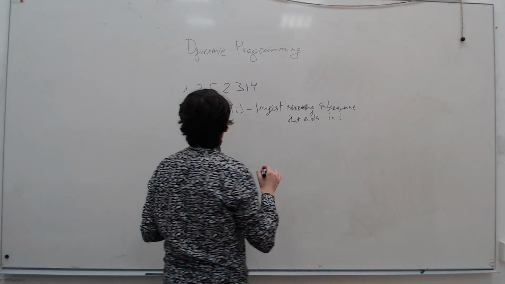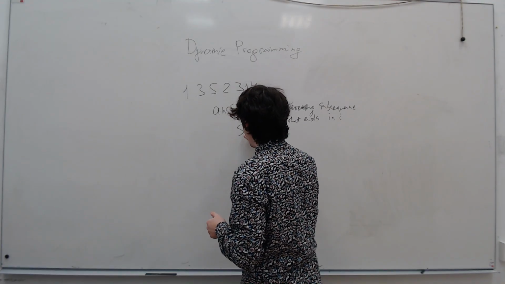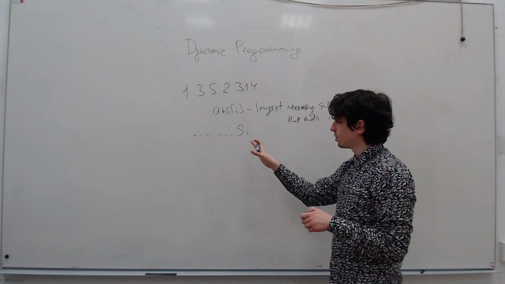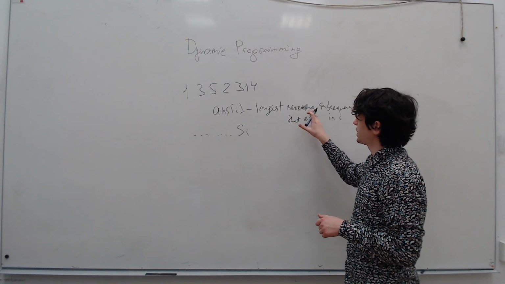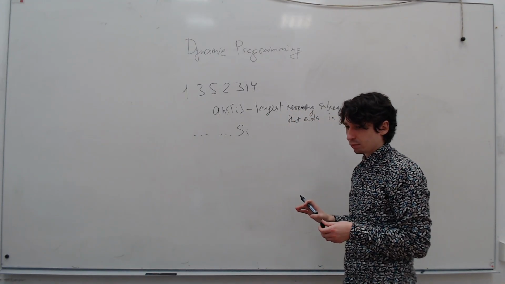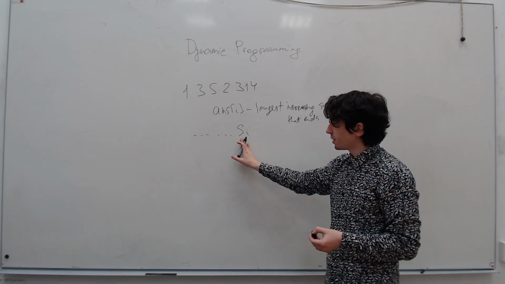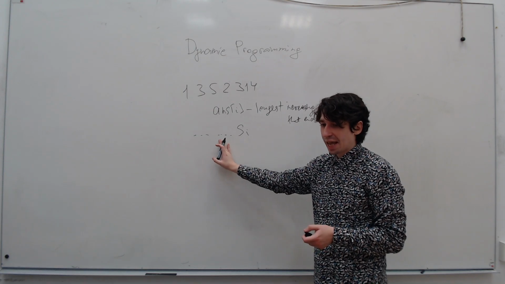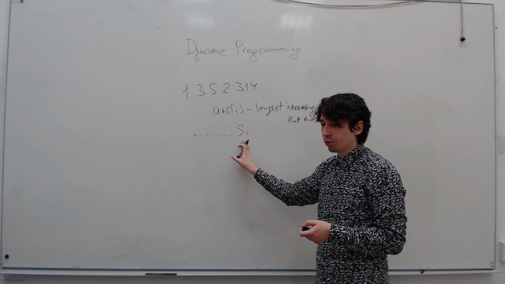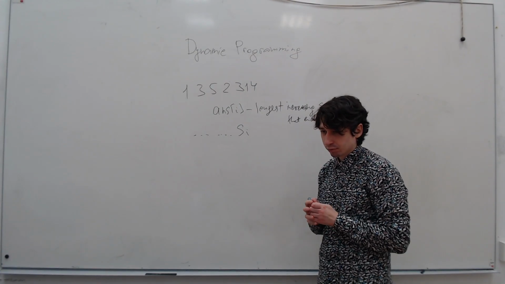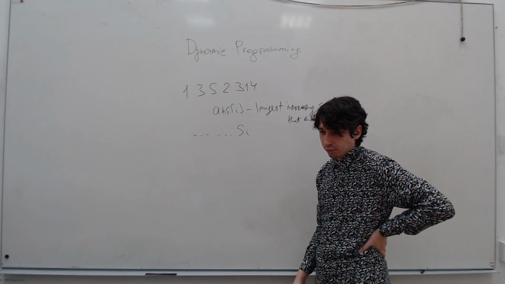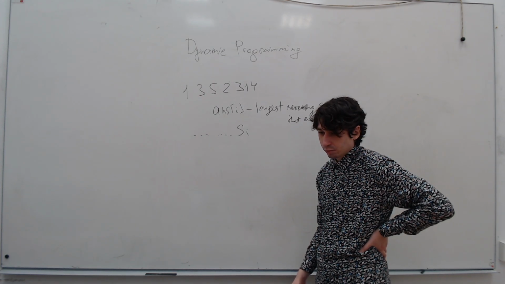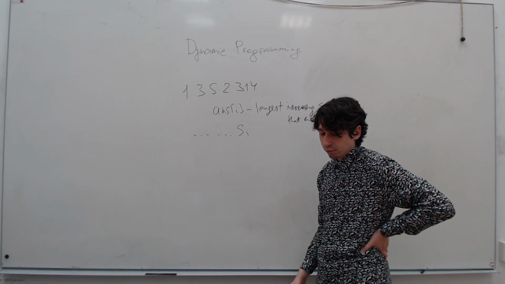Okay, yeah. Suppose we are right now staying at the position i. We want ans i to be the longest increasing subsequence, and you know that the element at position i is Si. From which states can we get to the state i? We can get to i if this element is less.